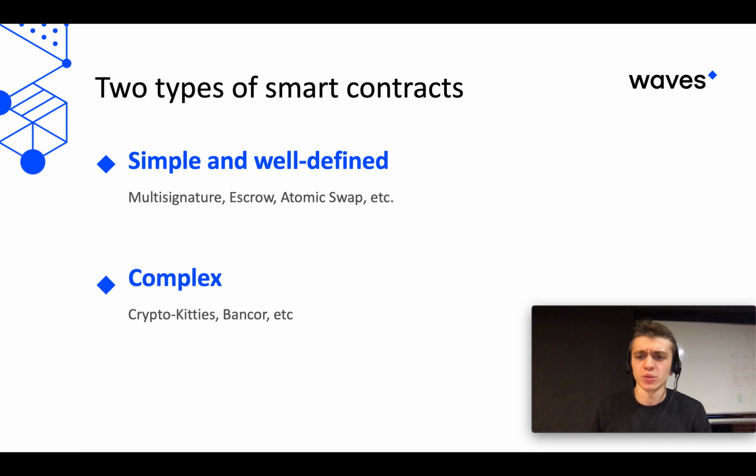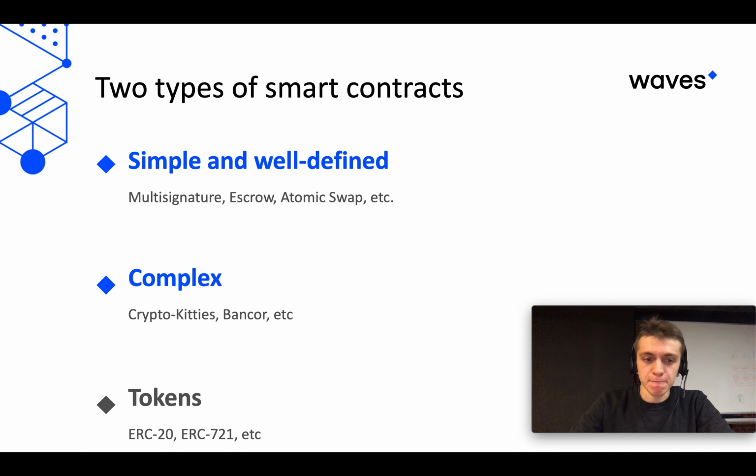There is a lot of code, and it's not easy to write, debug, or test it. And the last category, for example in the Ethereum network, is tokens.